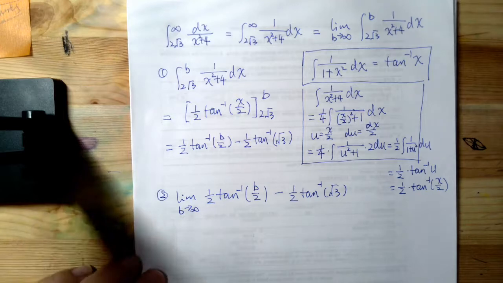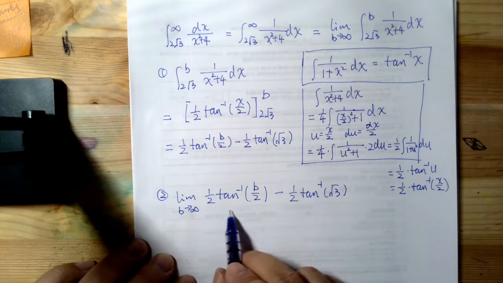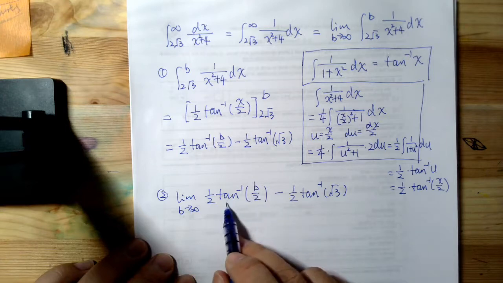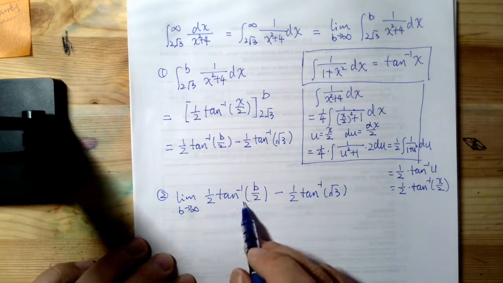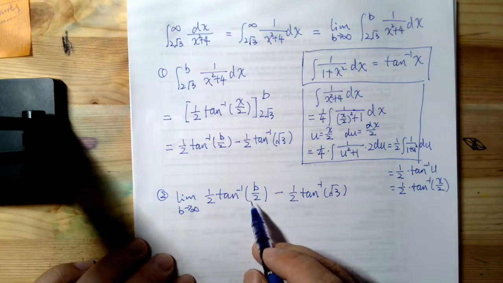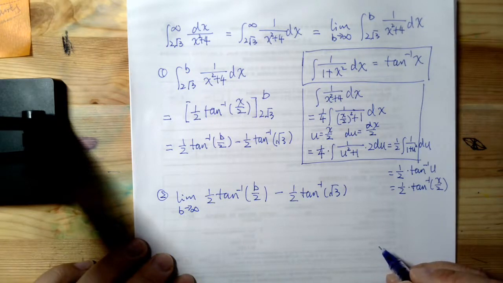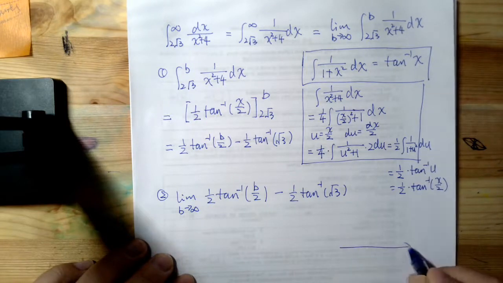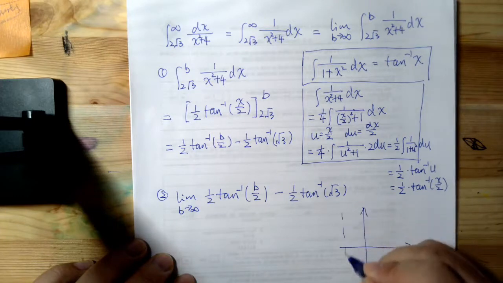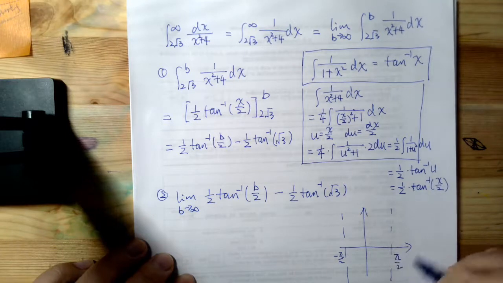Okay, and it turns out that, since b goes to infinity, this part is asking what tan inverse is at infinity. For that, remember the tan inverse function range is between negative pi over 2 and pi over 2.